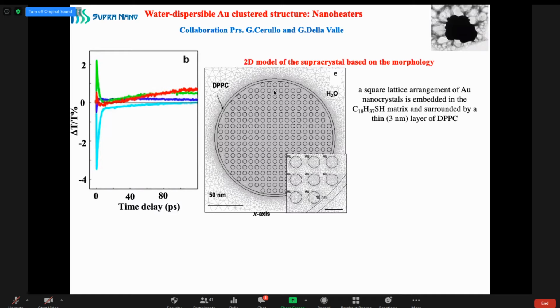So that means that you can manage to have these particles oriented.